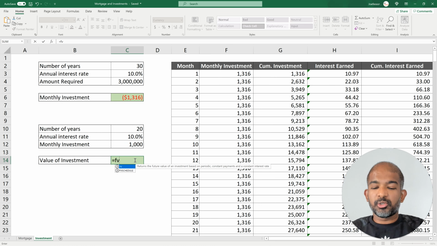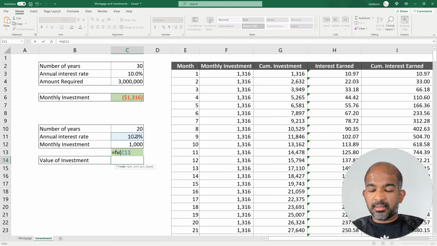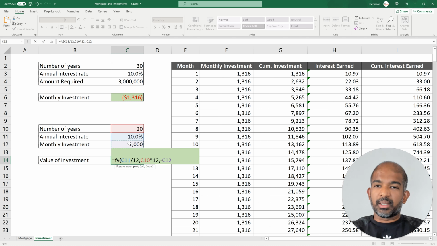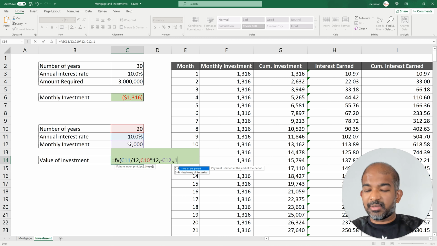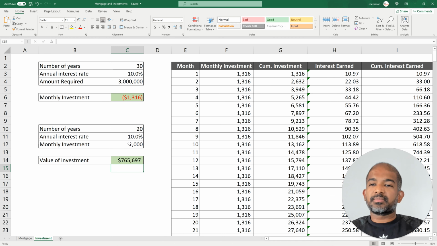For this, we use the future value function. The interest rate has to be divided by 12 to get a monthly interest rate. The number of periods is 20 multiplied by 12 to get the number of months. Then the monthly payment is 1,000. The present value is optional. The type has to be 1 because we're investing at the beginning of each time period.